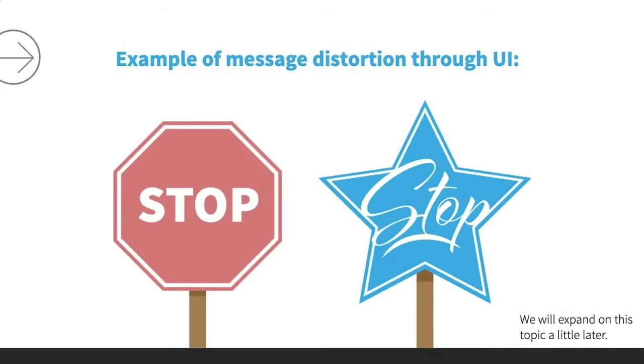Are we stopping for a year end closeout sale at some used car dealership? Are we stopping for an amusement park? What is this sign trying to convey to us? So this is an example of message distortion. The message is the same, but we don't necessarily understand in the second example what it's trying to get us to do.